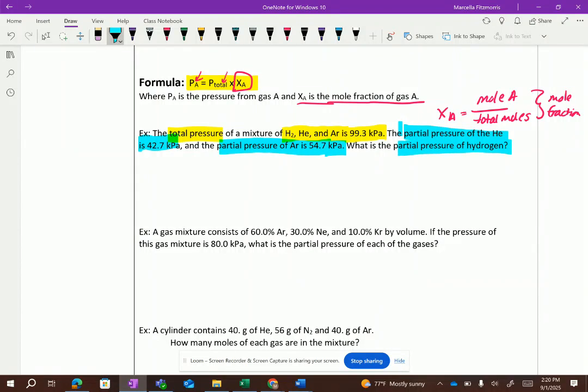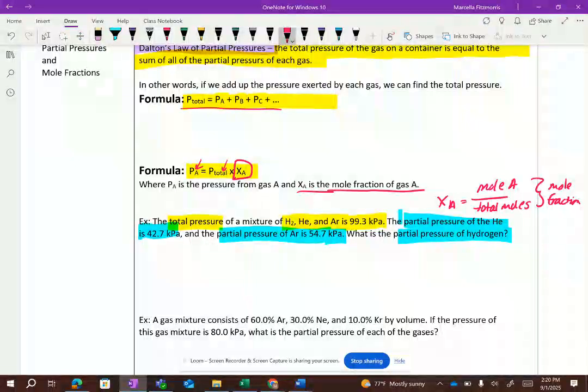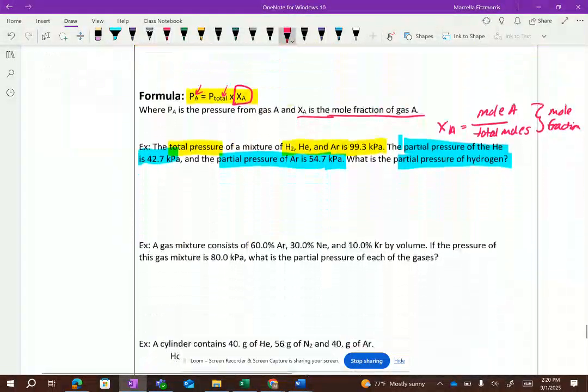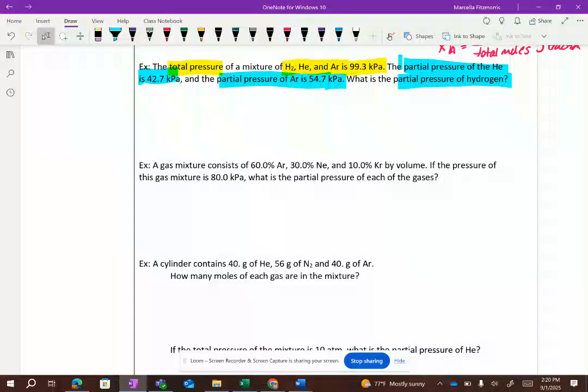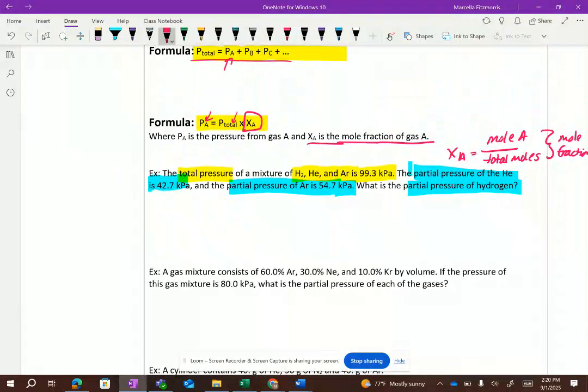So if I want to know the partial pressure of one, well, the total pressure is 99.3. The pressure for hydrogen is what we don't know. That's what they're asking us for. The pressure of He is 42.7. The pressure of argon is 54.7.